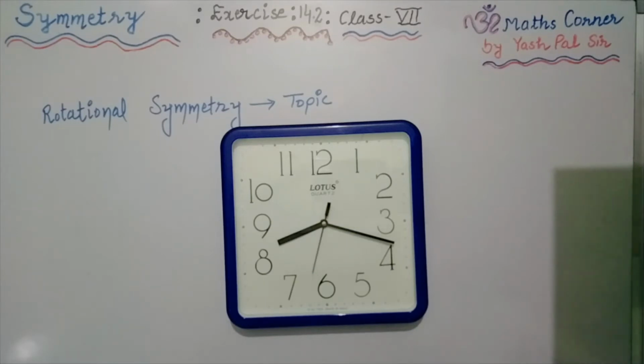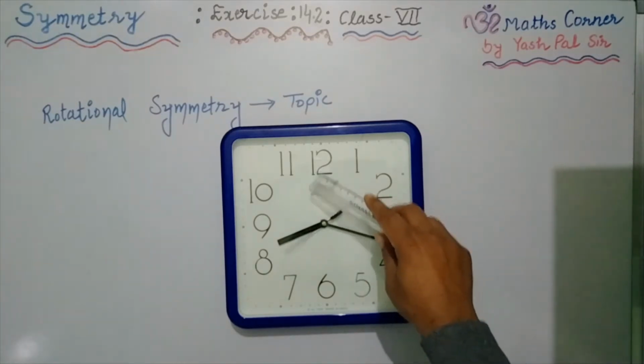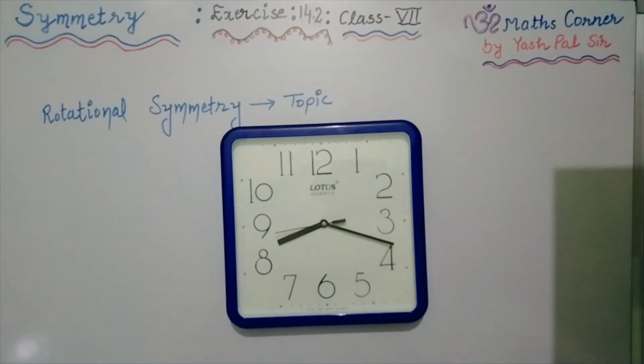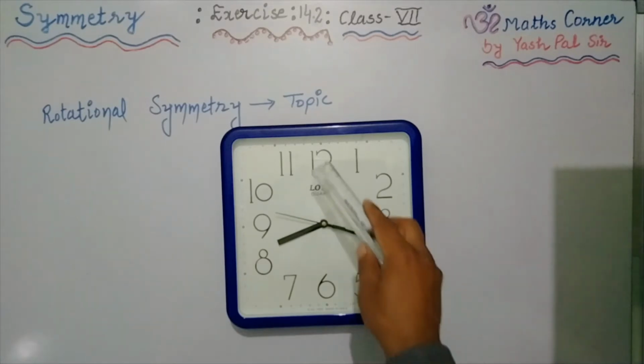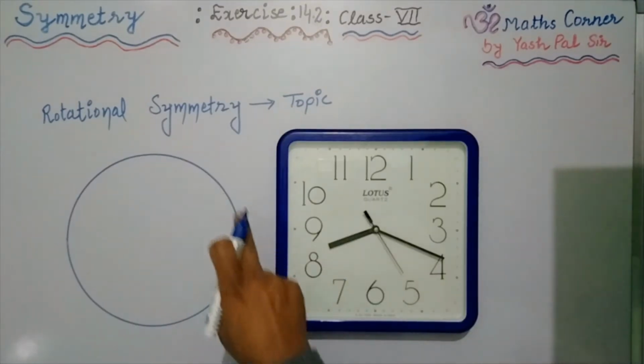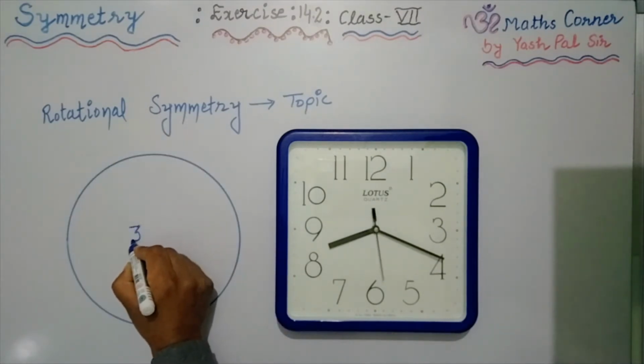A full turn means a rotation of 360 degrees. From 12, after rotating a full circle, this is called a rotation of 360 degrees. 360 degrees means one complete circle.